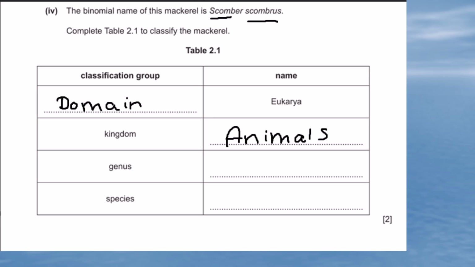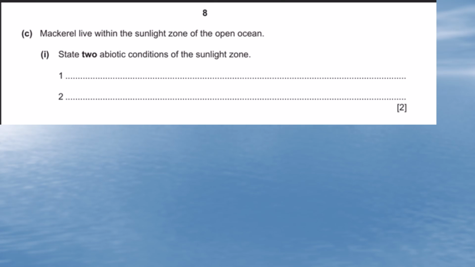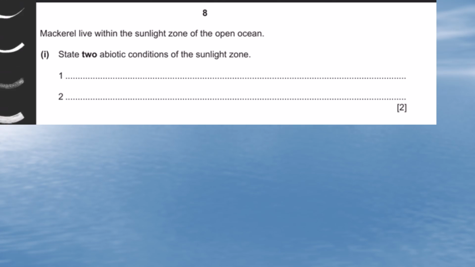So we have here first the genus, and we have the species.